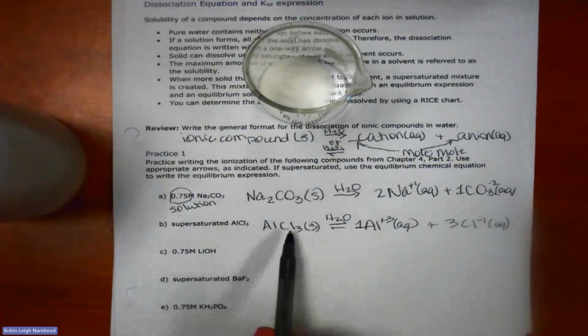Again, the ion for chloride is not Cl3. It's a 1-to-3 ratio. The molar ratio are the coefficients. The chloride ion is always Cl -1. The subscript in a chemical formula is based on the charge of the cation it's bonded to. Okay, so this is going to be equilibrium.